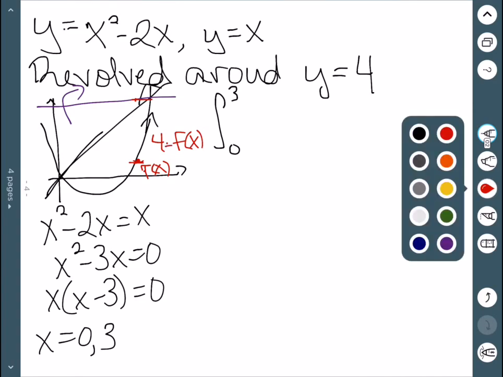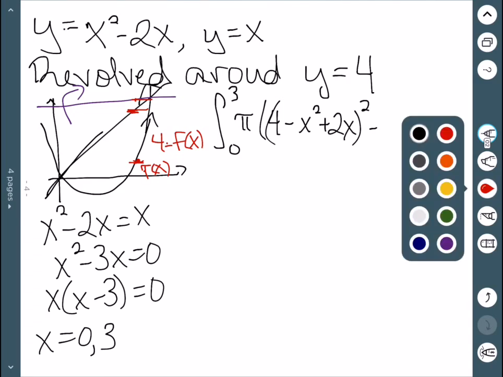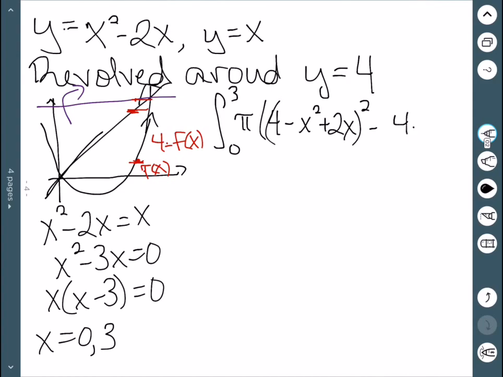So if I want to consider the upper radius, I have 4 minus x squared minus 2x. And then if I subtract out the other function, well, once again, it's going to be 4 minus this to get to our radius. So we have 4 minus x squared dx.